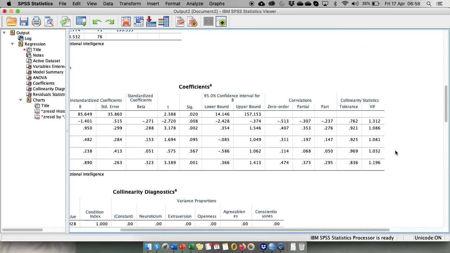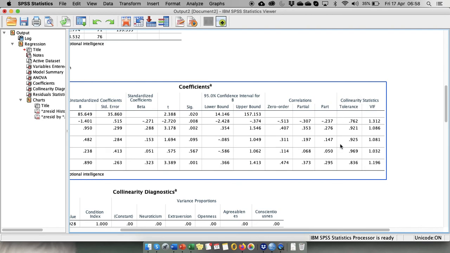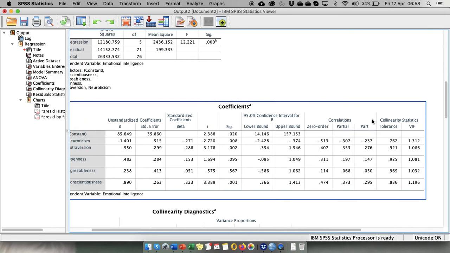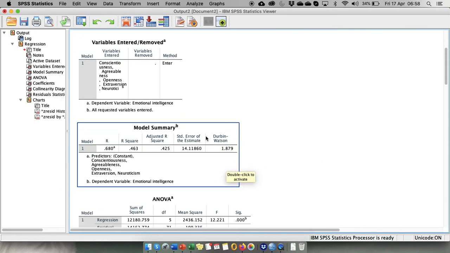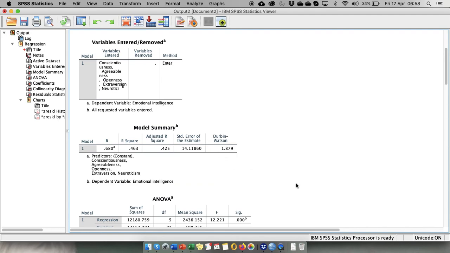From this table, you're looking at multicollinearity, and you can report VIF, and this value needs to be below 10. From the model summary, you report the Durbin-Watson test for the independence of scores.